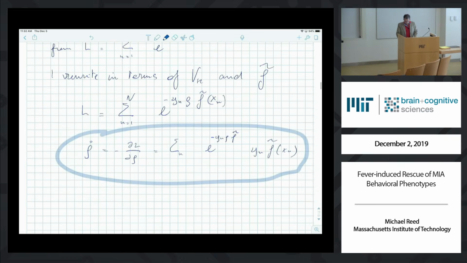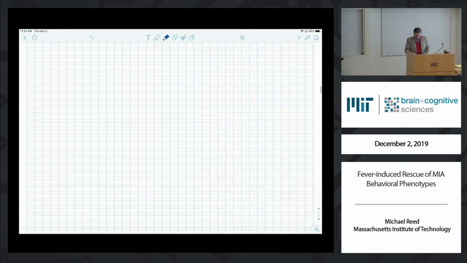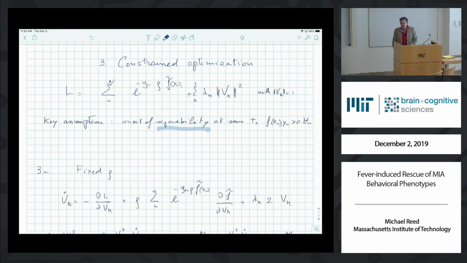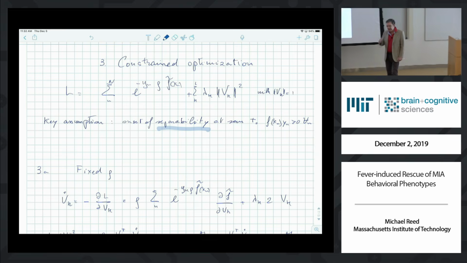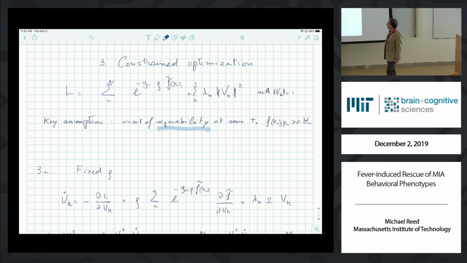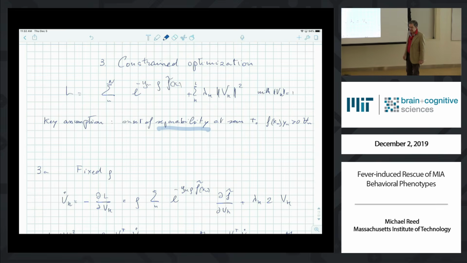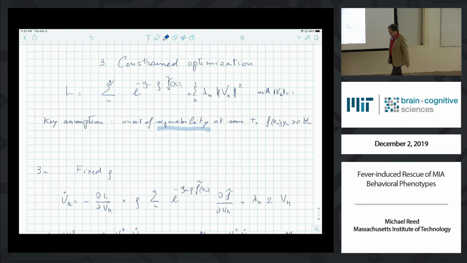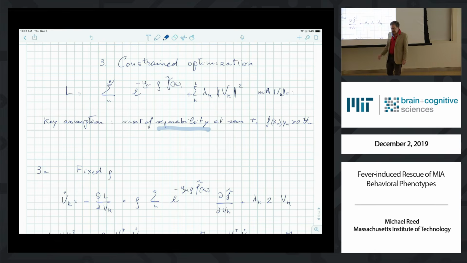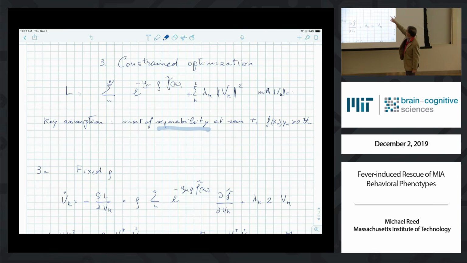So in order to do that, let me consider a slightly different optimization problem. Instead of minimizing just the exponential loss, I'm minimizing the exponential loss, and I'm not saying that the V in F tilde are norm 1, as I said before, but I impose norm 1 of the V through a Lagrange multiplier term.